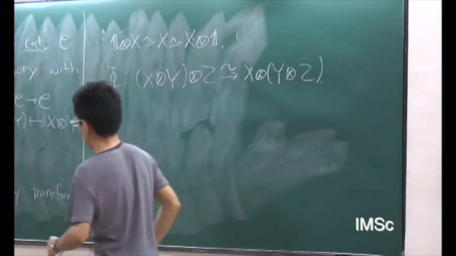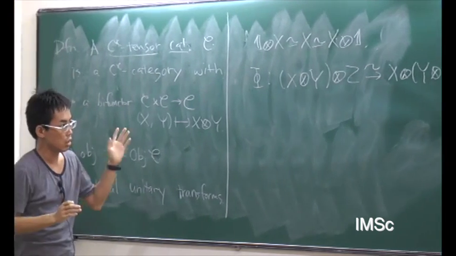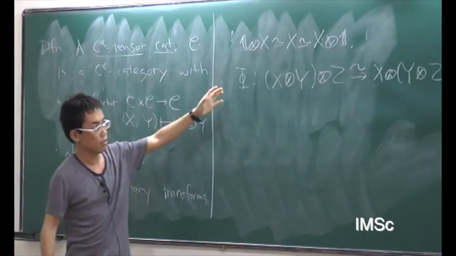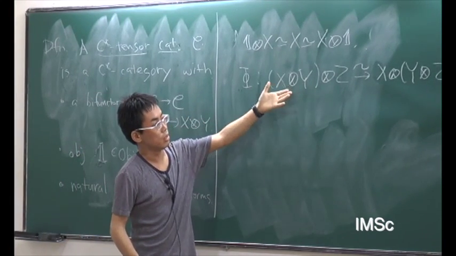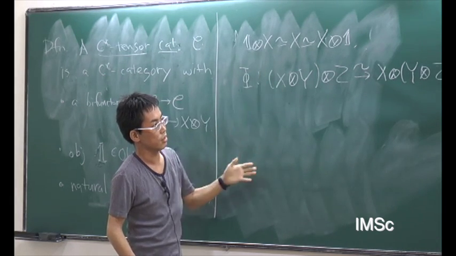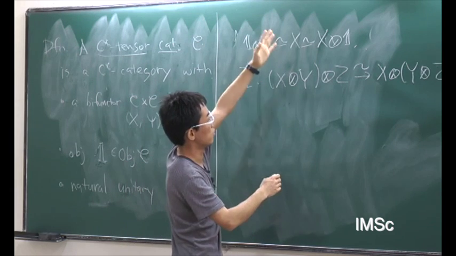And then of course, these need to satisfy the compatibility relations. I wouldn't write all the relations, but this is really standard. For example, when one of these is 1, then you want to say that this is essentially the same thing up to these isomorphisms.